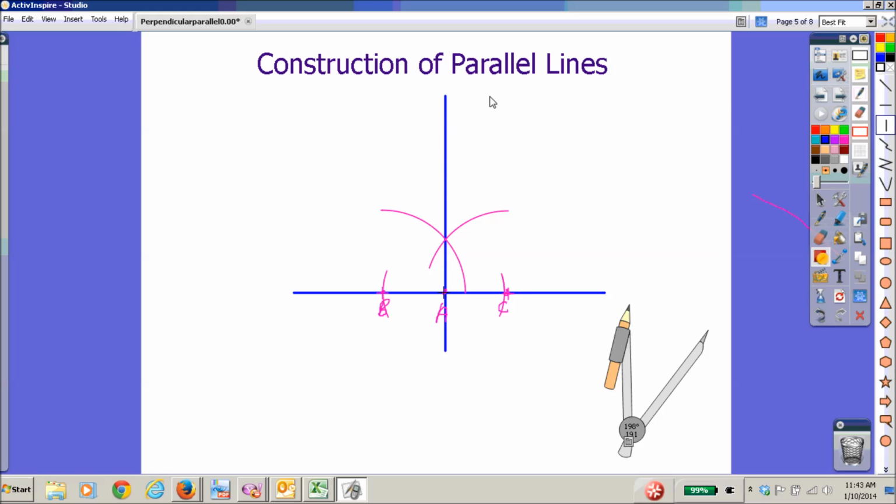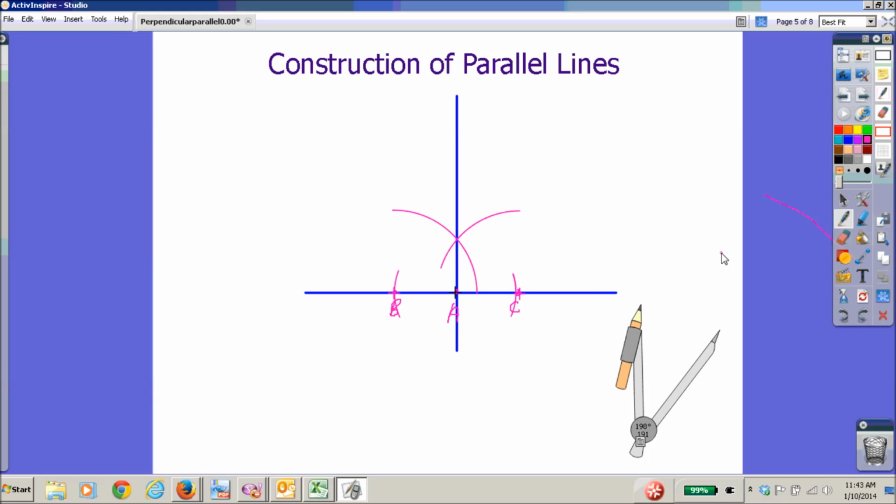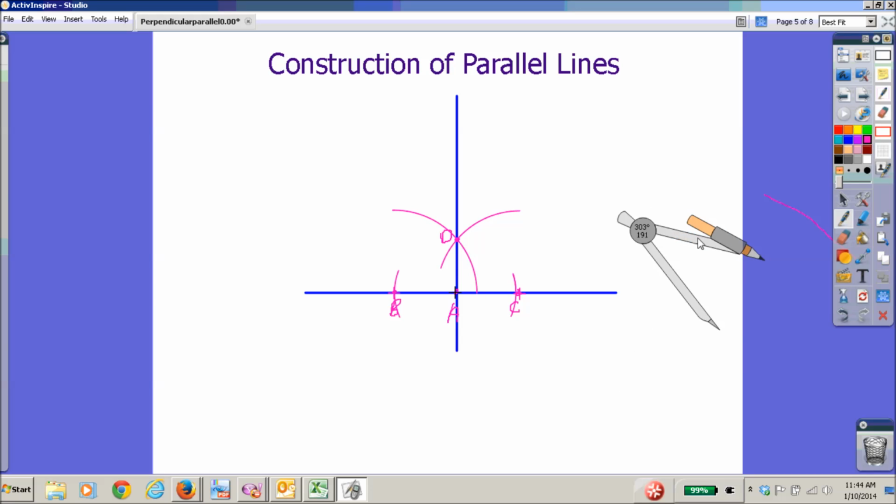And now this time I am going to draw a perpendicular on line AD. So for example, I'm going to measure this width so that way I can arc the same length.